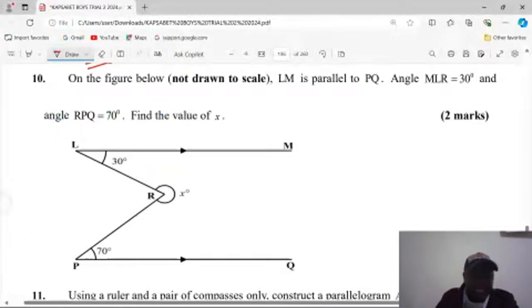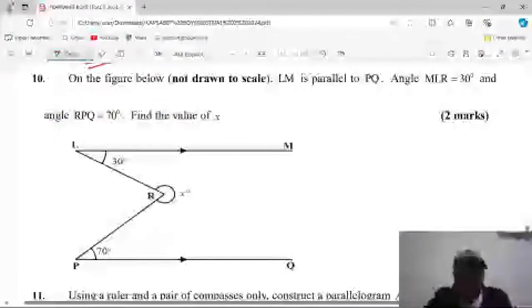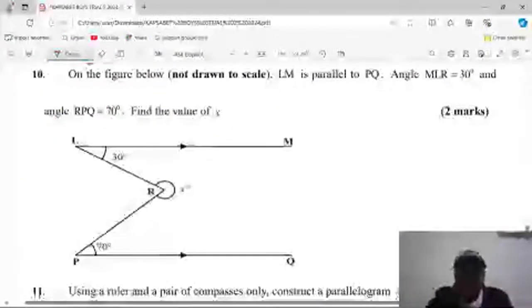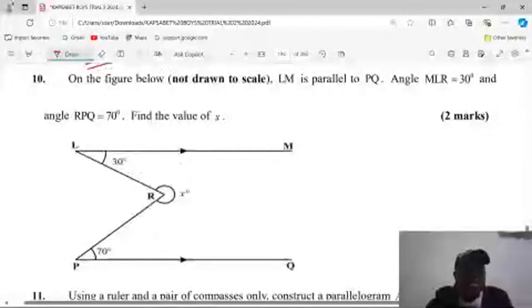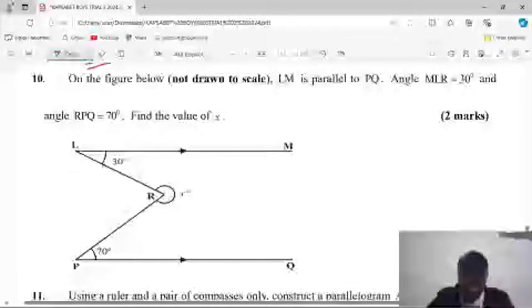Let's look at number 10. A simple question, a diagram question, easy to understand. On the figure below, which is not drawn to scale, so there is no angle that you're supposed to measure directly, neither a length. LM is parallel to PQ, as you can see.